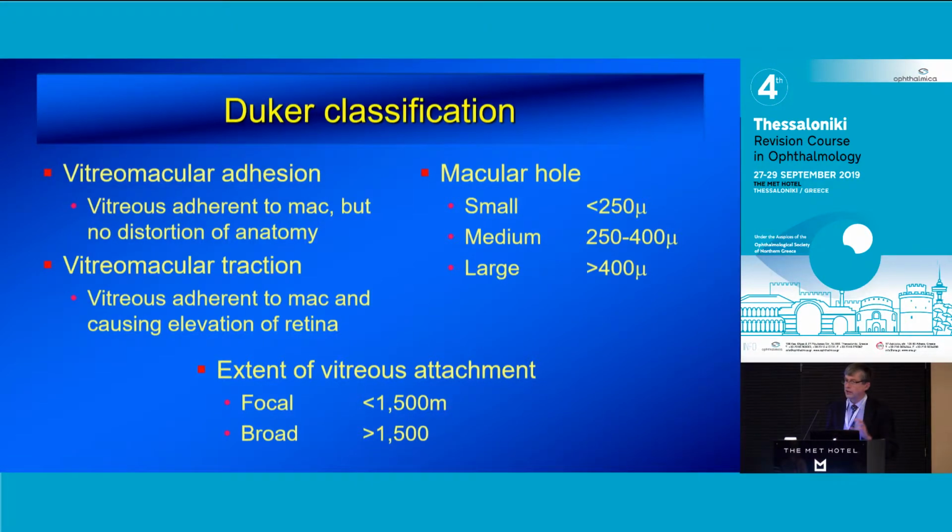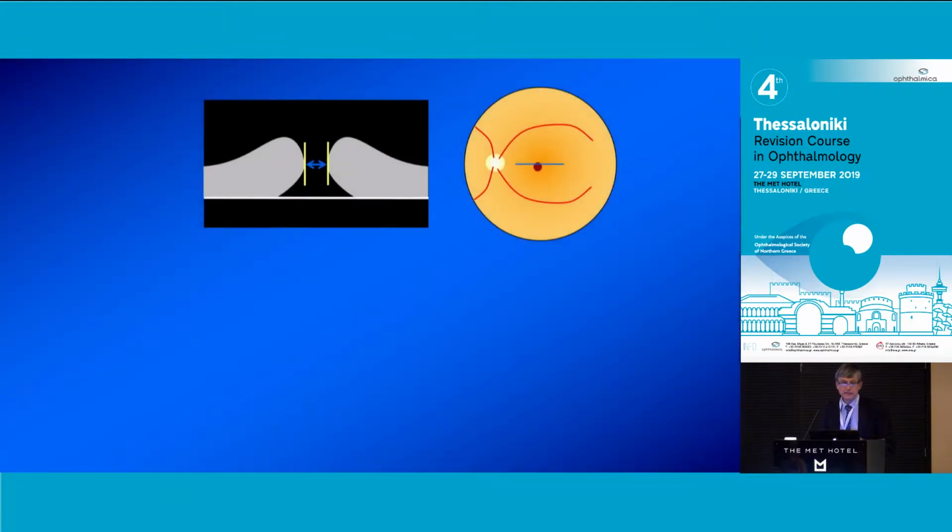Throughout this, we've been talking about the hole diameter and saying how important that is in terms of staging. And as we'll go on to discover, it's really important in terms of prognosis as well. So how do you measure the hole diameter? Well, it's a little bit confusing because you take the narrowest diameter of the largest section. And here you can see we've got a section that does not go through the diameter of the hole.